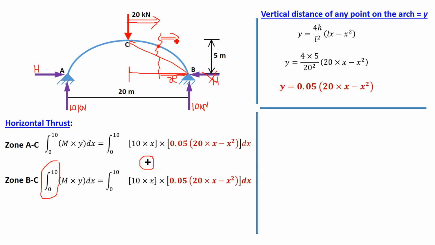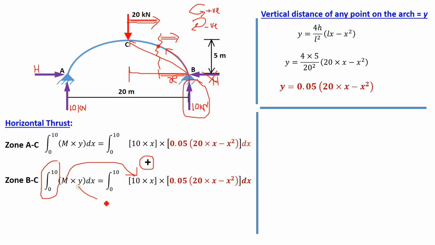On the right portion of this section there is only one vertical force, that is 10 kilonewton. Its moment will be anti-clockwise. Since we are considering the right section, as we discussed, anti-clockwise is positive and clockwise is negative. As per these sign conventions, this anti-clockwise moment will be plus. So the moment M will be equal to 10 into x again.